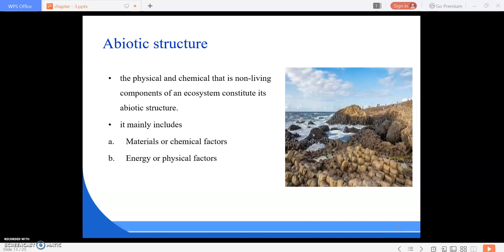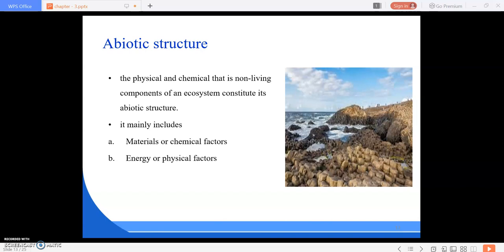Autotrophic components can produce their own food, so these are also called producers. Heterotrophic components cannot synthesize, so they cannot produce their food and are dependent on the autotrophs. So these are also called consumers.